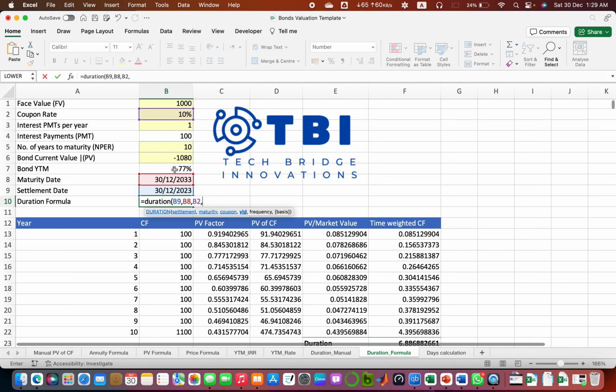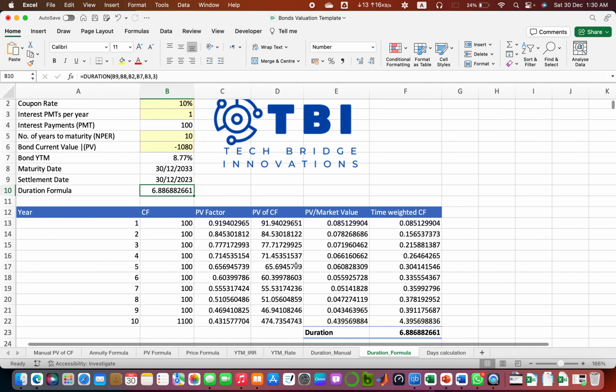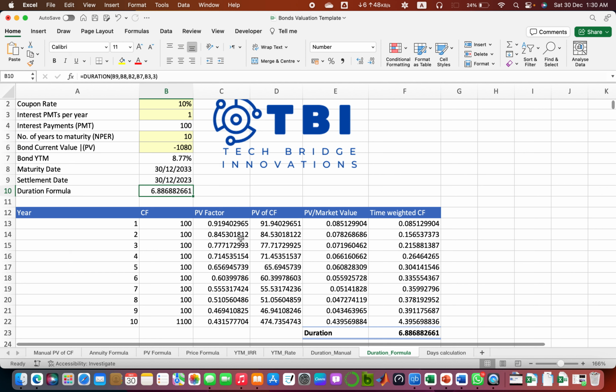Then the YTM or yield, that is in cell B7, and then the frequency, since it's 1, I will give reference to cell B3, and then the days calculation, so I will just select 3, and that's it. You may see we are getting the exact same answer, 6.88. This is how you calculate the duration of a bond using the formula.